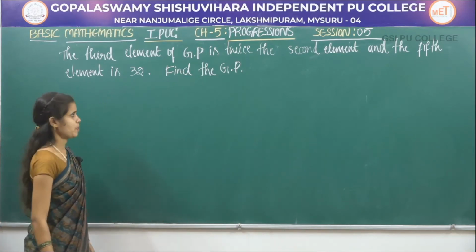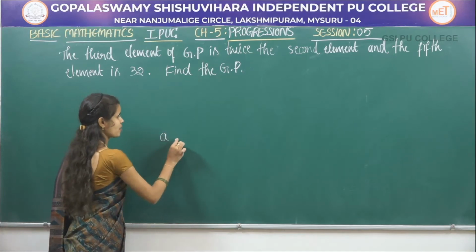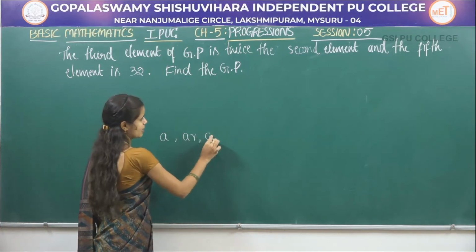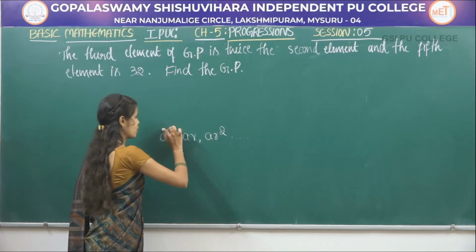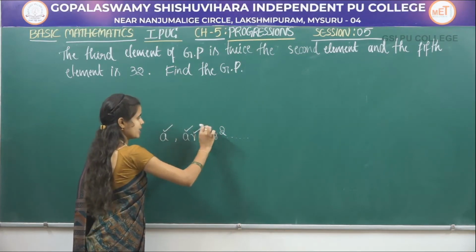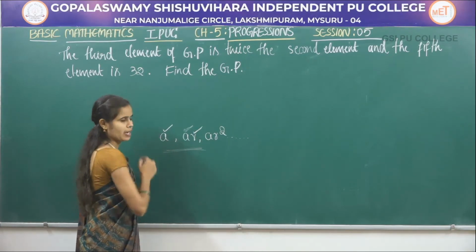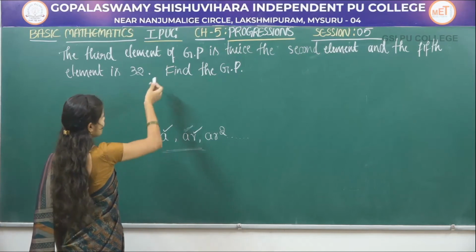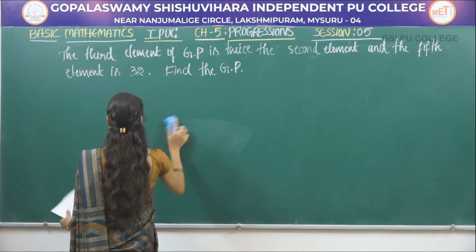Find the GP. So find the GP means the terms are in GP, that is A, AR, AR square, etc. So here we want to find out the values of A and R first. Using the given conditions, first write them.